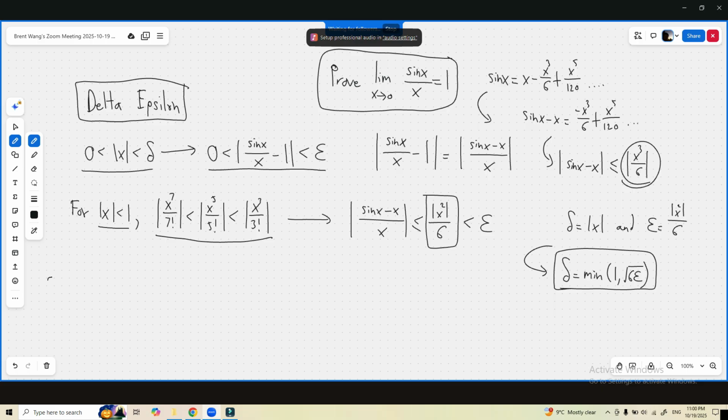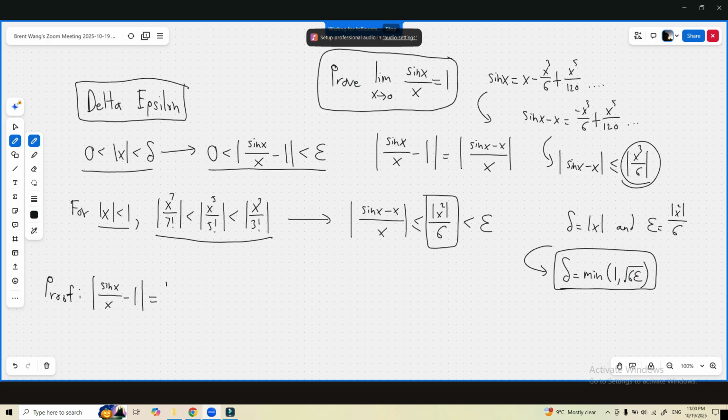So, the proof that our formula is correct. Absolute value sine x over x minus 1. Let's show that this can be less than epsilon using our delta formula.